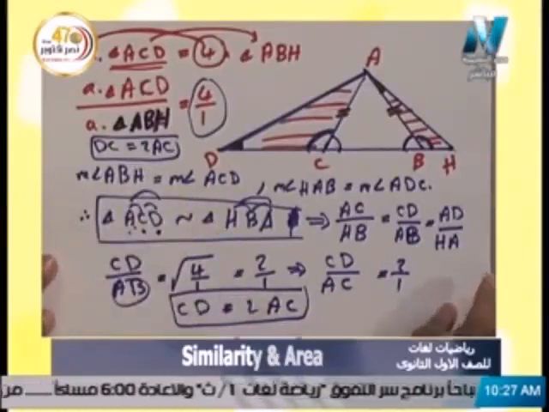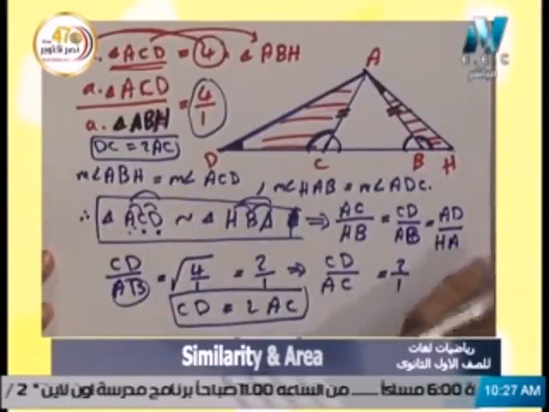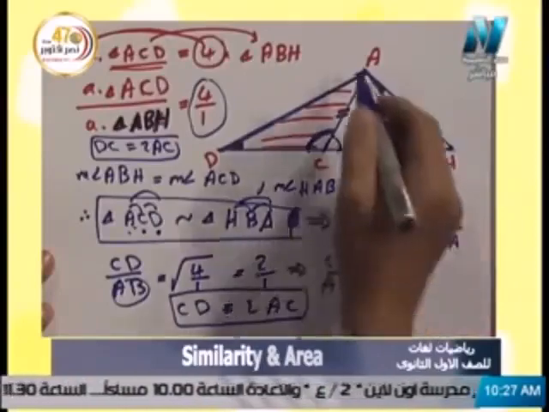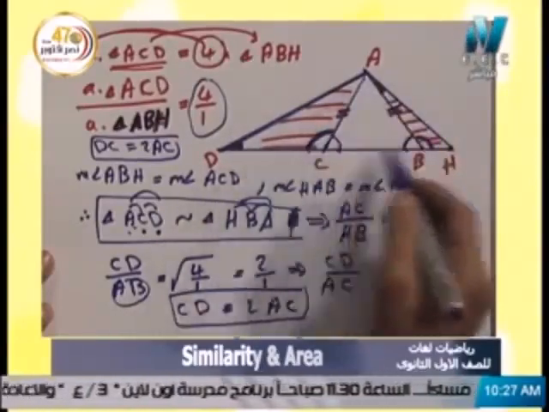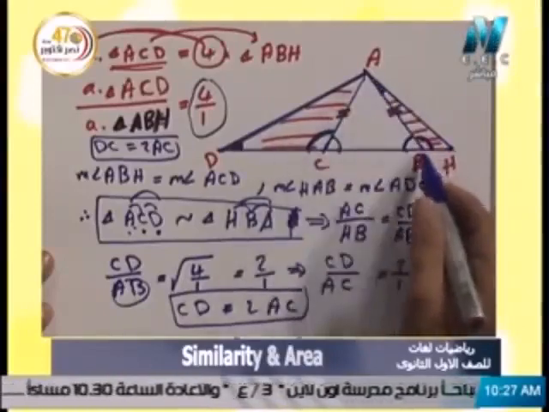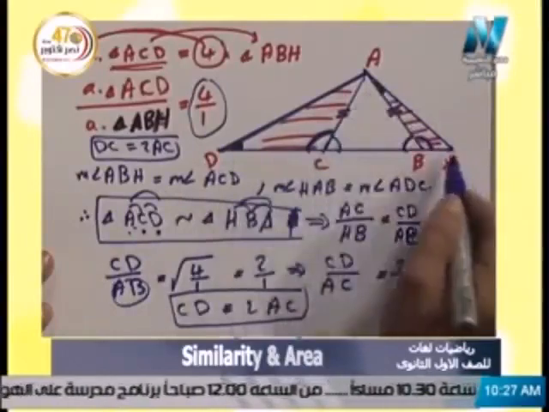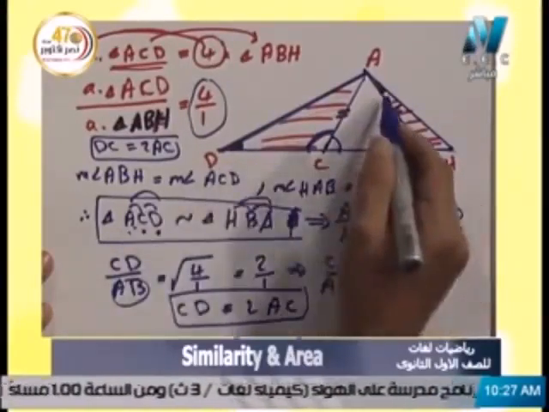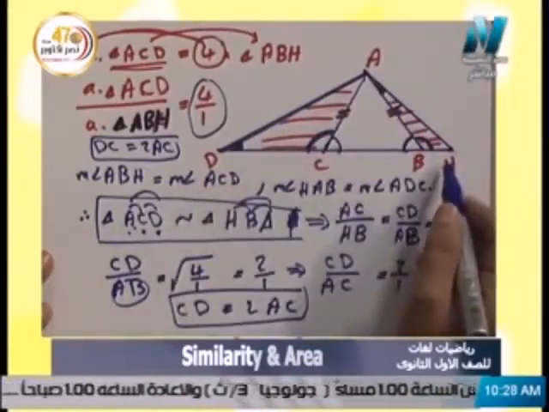Okay, let's review again these two triangles. We have benefited from our previous studying about the properties of isosceles triangle ABC. Measure angle ABC equals measure angle ACB, so measure angle ABH equals measure angle ACD. And we have measure angle HAB equals measure angle D from the given. So we have two angles equal to angles in the triangles ACD and ABH.